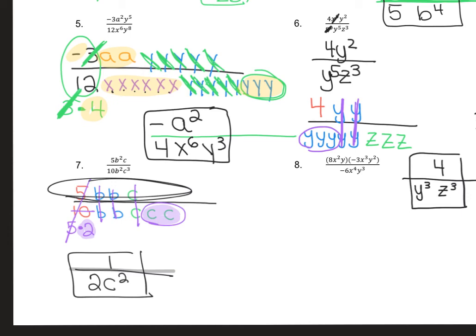You have to do whatever is on the top before you come to the bottom. So if there is addition, if there's subtraction, if there's multiplication, if there's even division up top, you have to do that all before you do the fraction bar, before you do the division to get to the bottom.